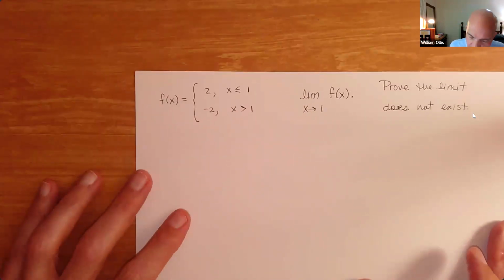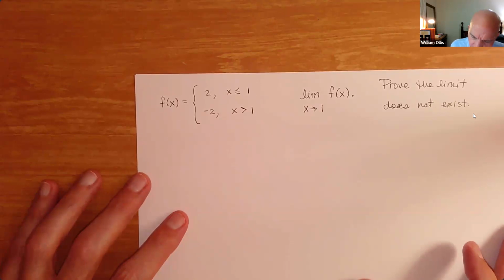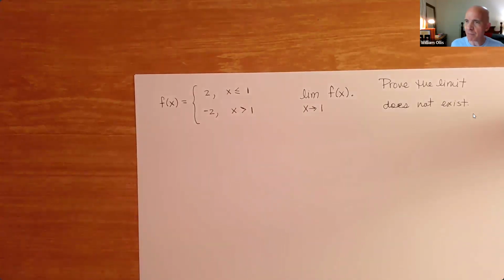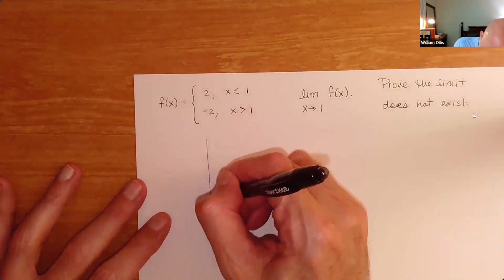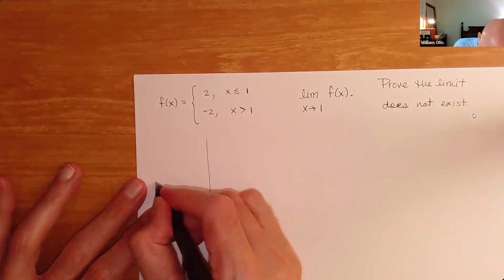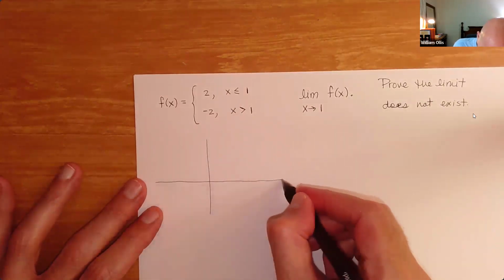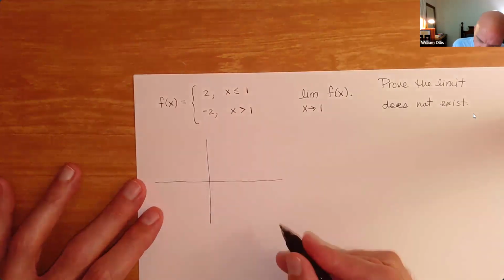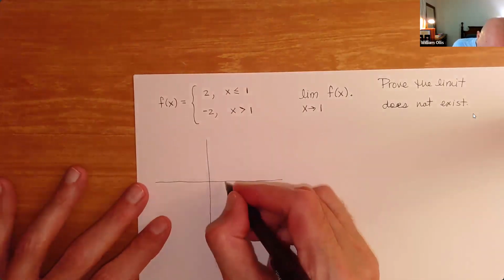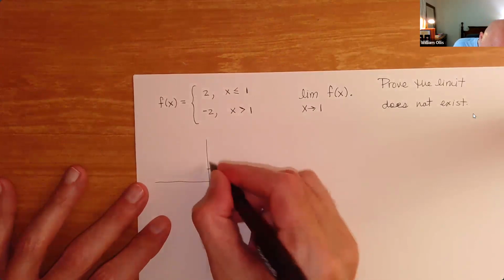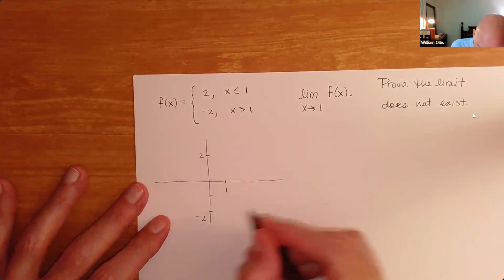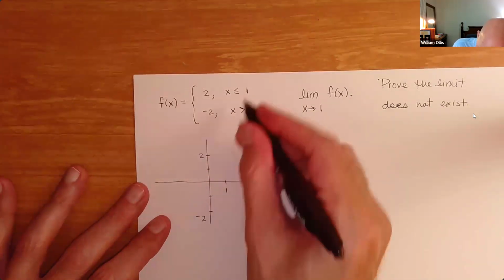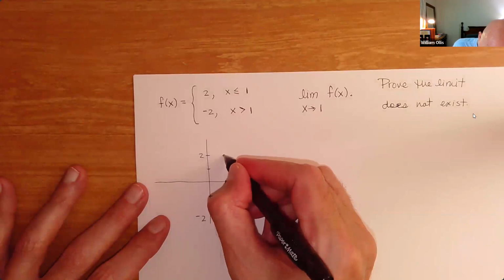So when you look at this, you're thinking, okay, if I think of what the picture looks like, would that give me some intuition? So let's just look at a picture of it, because it's real simple. Even though a picture is not a proof, let's just see if it gives us some intuition. So here we've got 1, and then we've got 2, and we've got -2. At 1, we can do a little dot there.